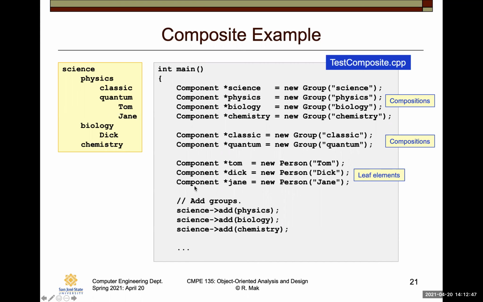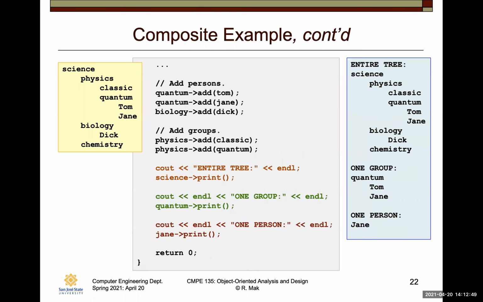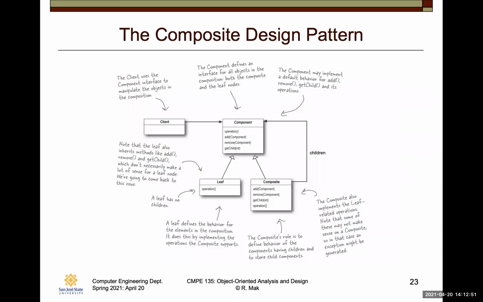All right, so that is a composite, and so here you can see that here's a client. That's our test program, and here is the component, and you can see that there's some operation we can perform on components. In our case, that was print. We can add to a component.